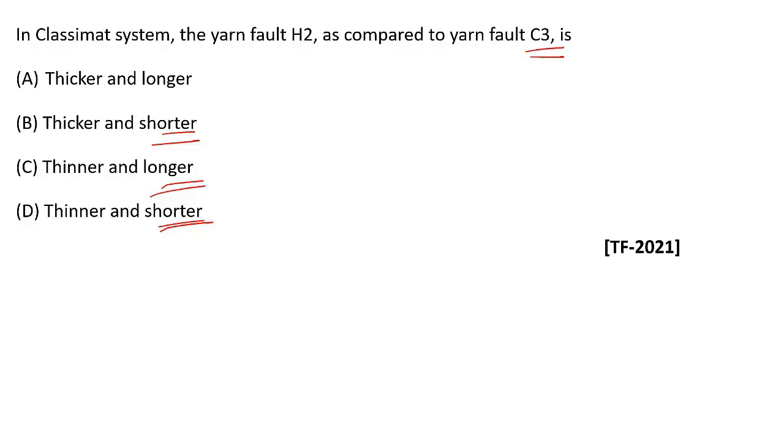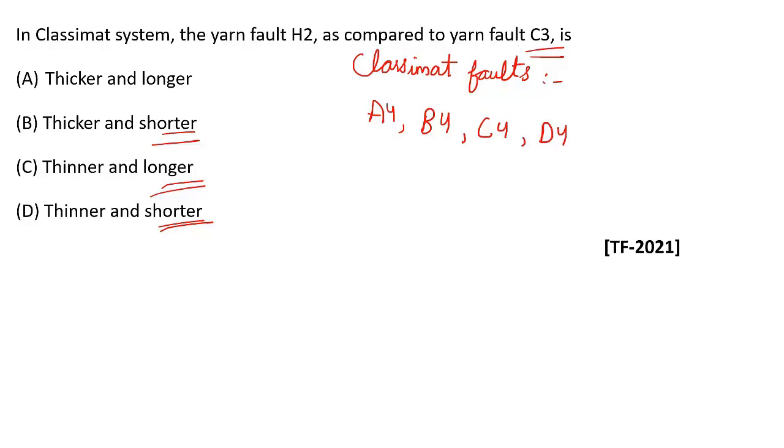So if we talk about Classimat faults, and ask what are the thicker faults: A4, B4, C4, D4 are thicker faults, and also B3 and C3 come in this category, thicker faults.